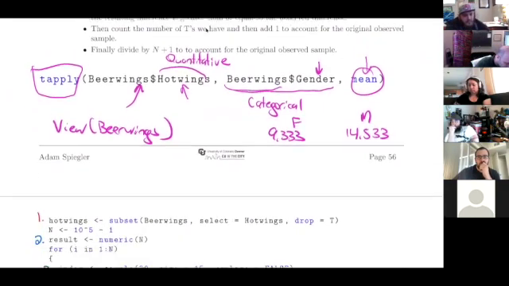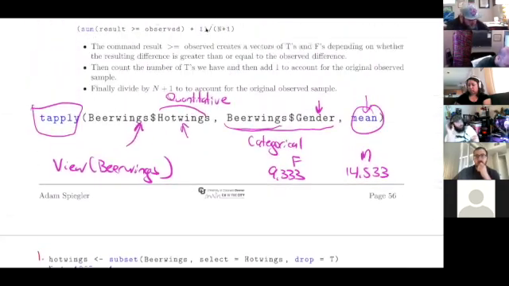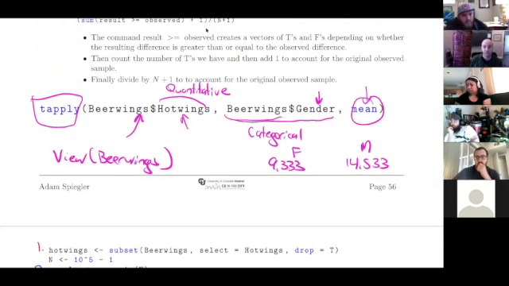So this first statement here, we've seen the subset function before. Here we've added an extra command at the end. So what this is going to do, we actually haven't filtered out anything here.